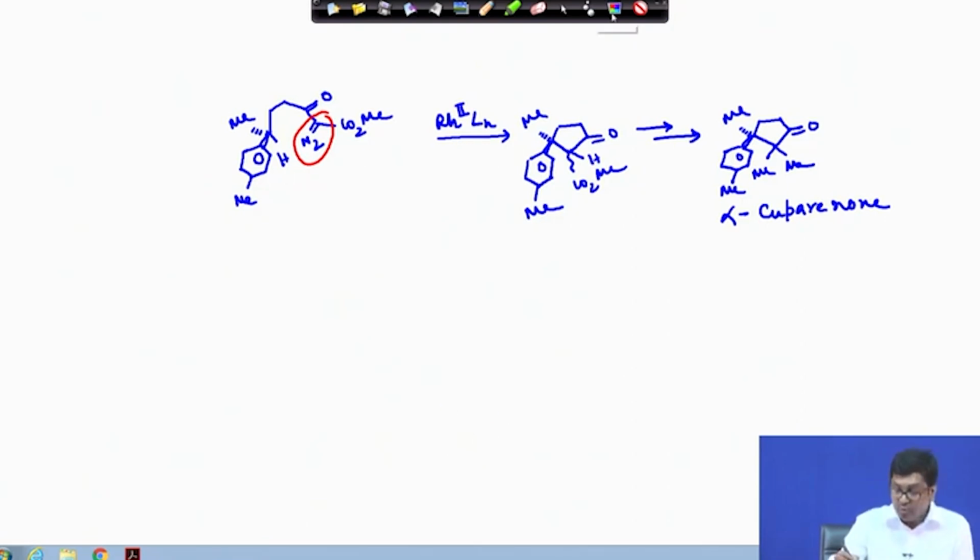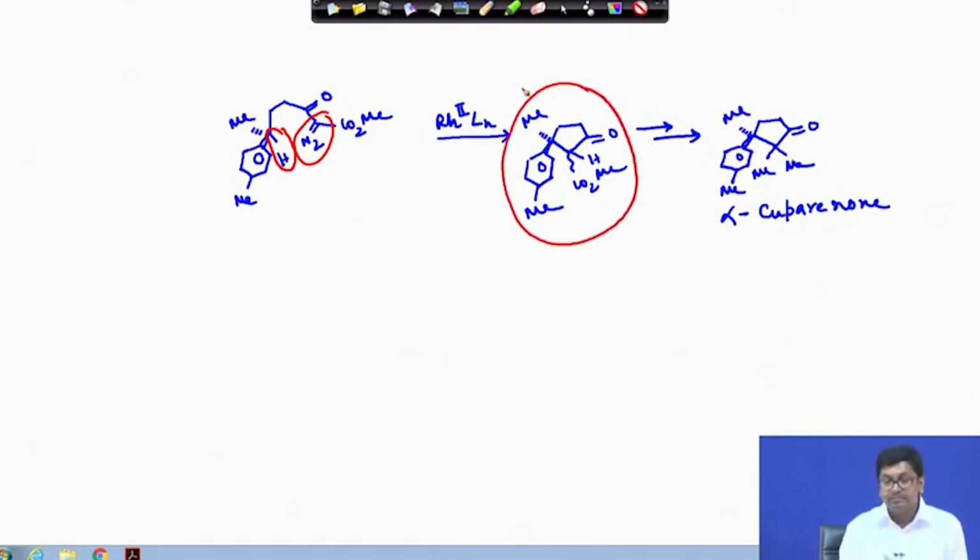Now this carbon hydrogen bond over here can be inserted into by the carbene to form this particular 5-member species. And the interesting thing is that at this stereo center, retention of configuration is happening.